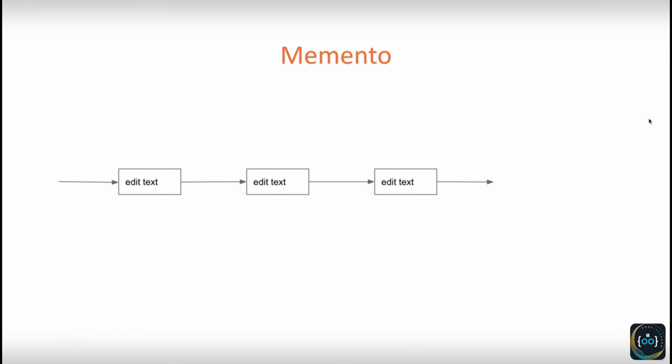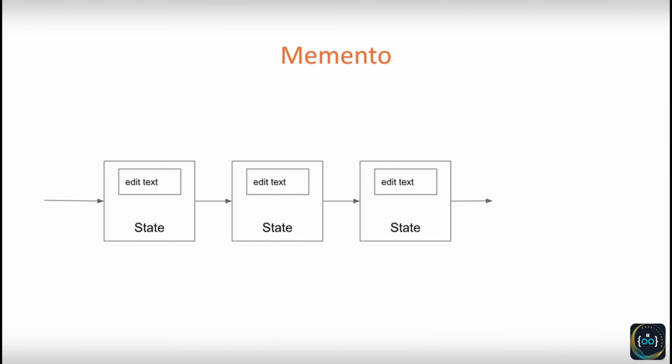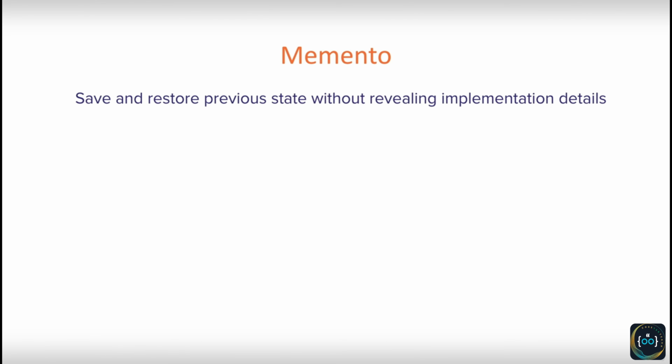We have some operations that the user does. For example, here we have multiple text edits, and we encapsulate those with their own state into some quote unquote mementos, right? And then we can move back and forth between this chain of operations. This will allow us to do an undo or redo and go back and forth.